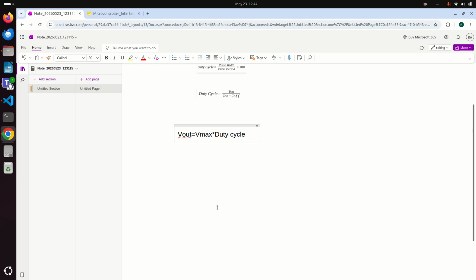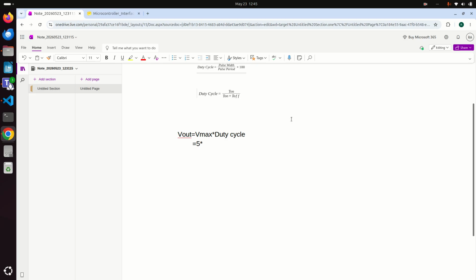V out means output voltage. V max is nothing but the system voltage, so assume it is 5 volts. Next, duty cycle. Here we are using 75% duty cycle. We have a formula for duty cycle, right?